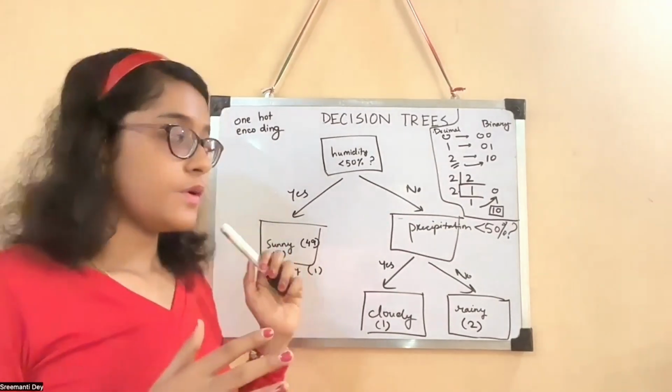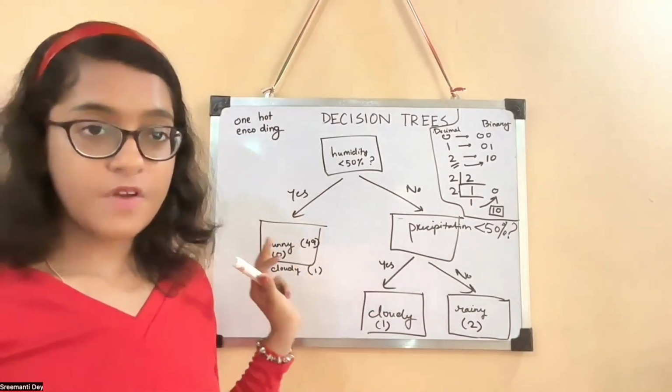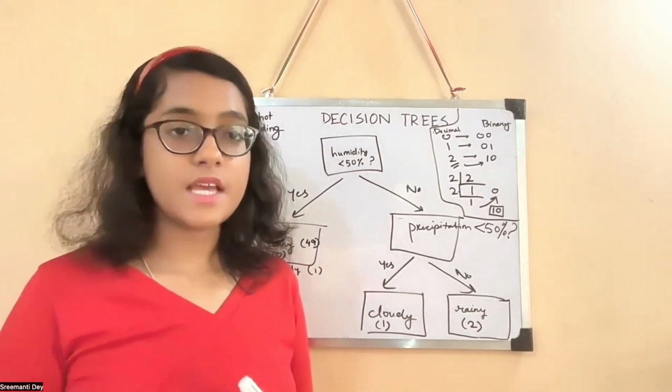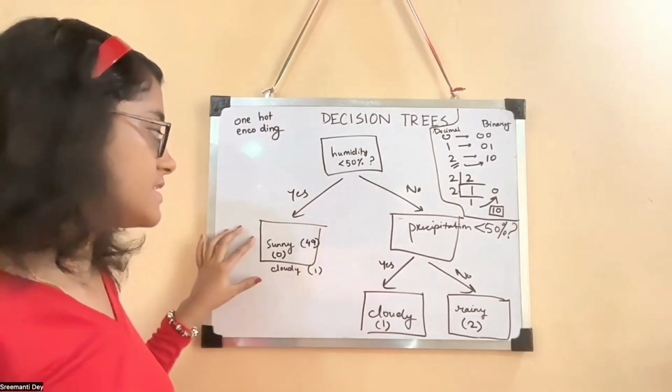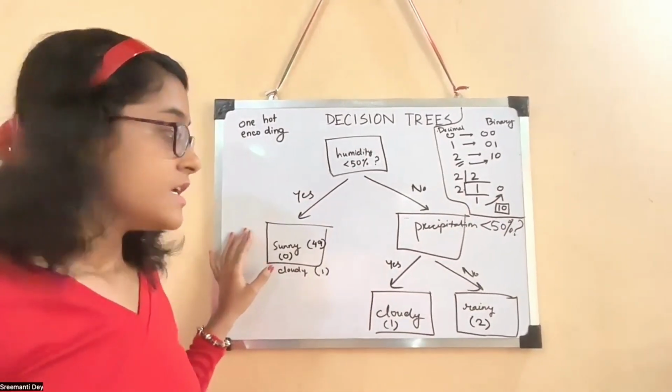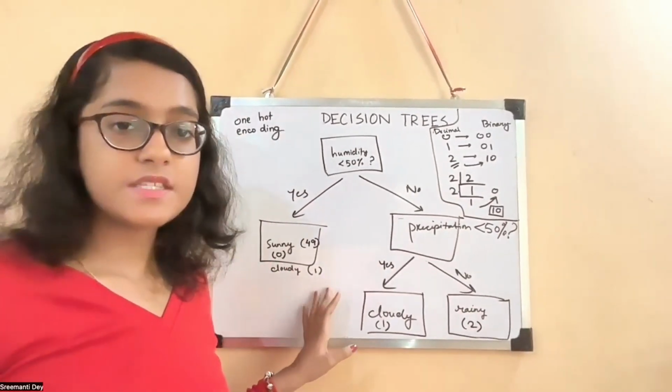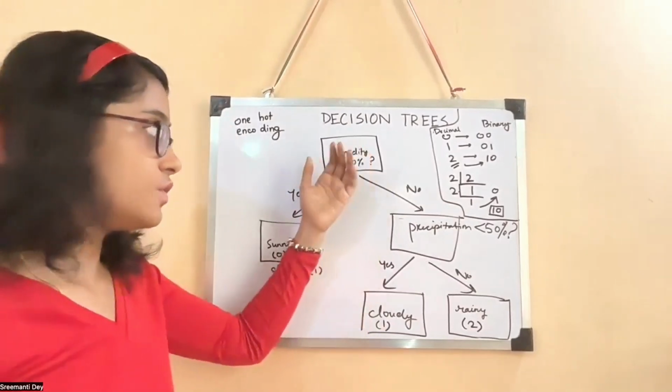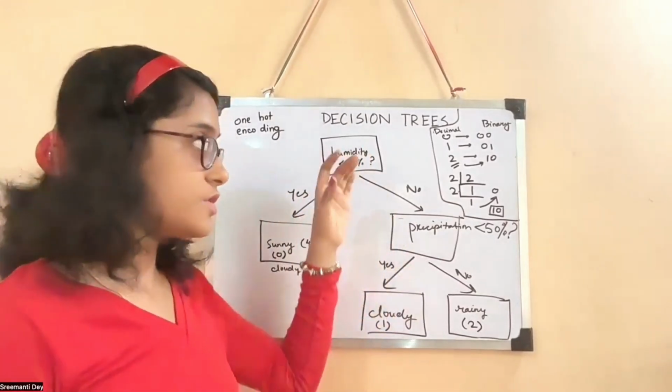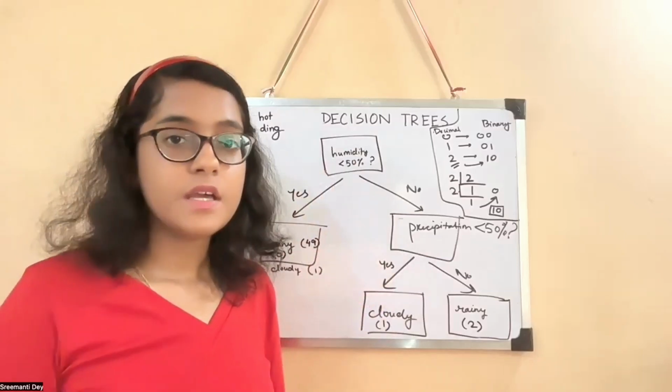In this case, if we know this is our final tree and we do not want to divide this any further, then we know that this node is going to be sunny. There is a very slight chance of this being cloudy at test time, when we are trying to decipher a particular point.